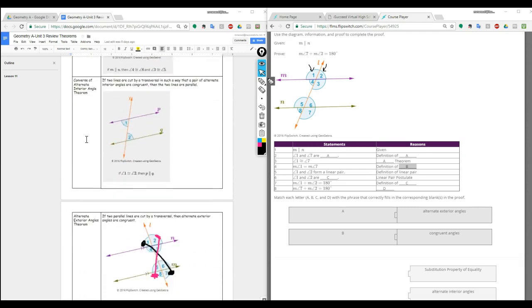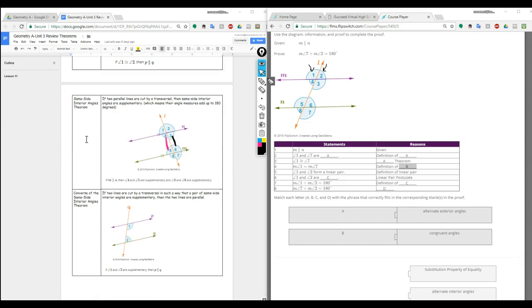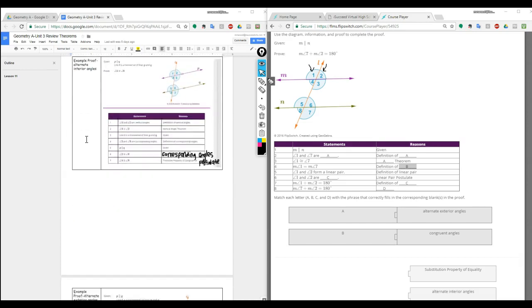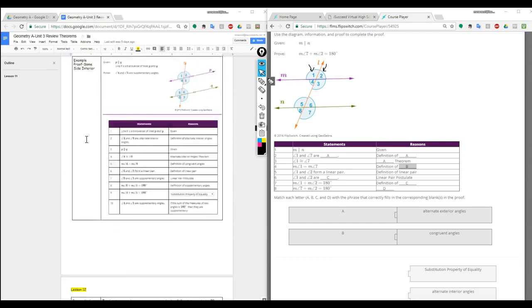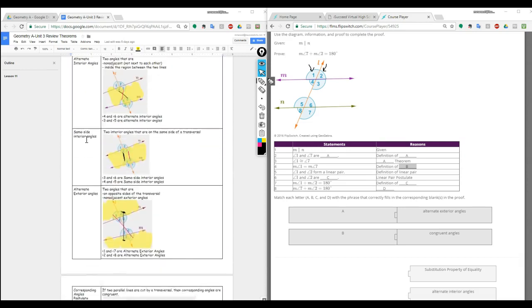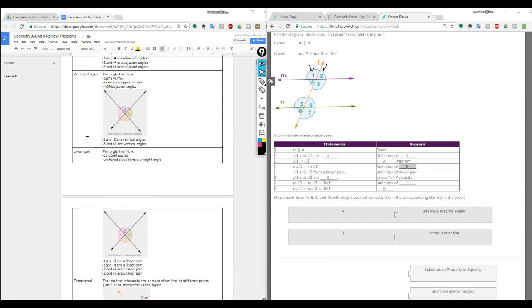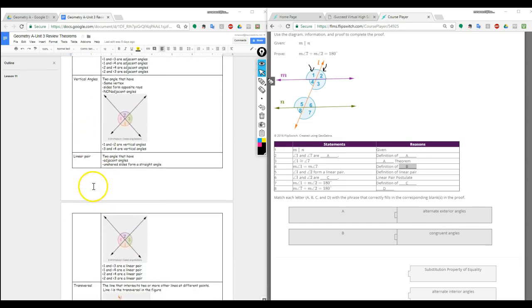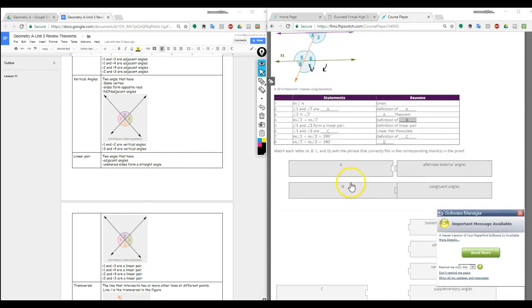So if we scan them on the left-hand column, the linear pair postulate. Okay, here's the linear pair. Two angles that have adjacent angles on shared sides form a straight line.